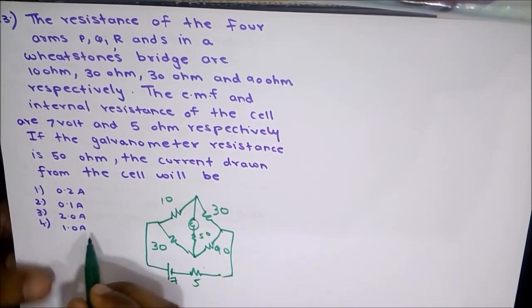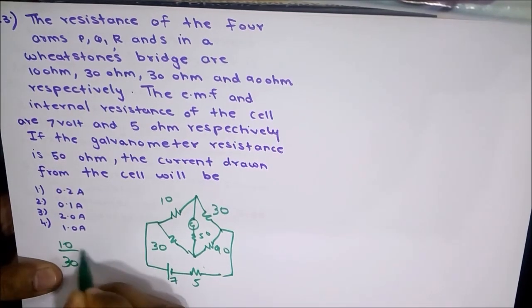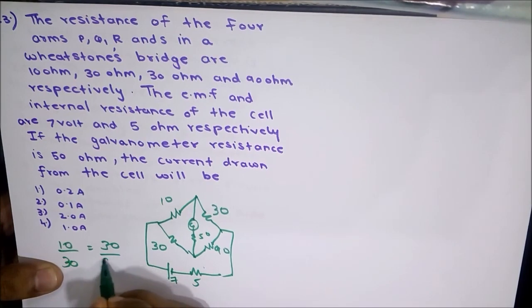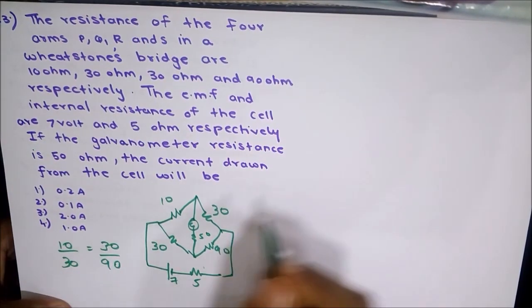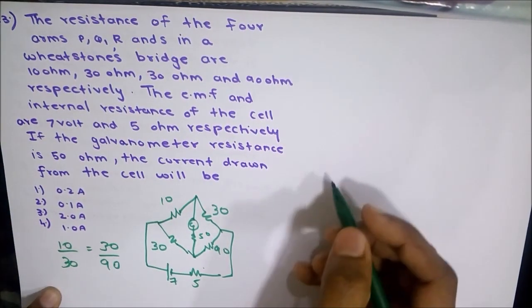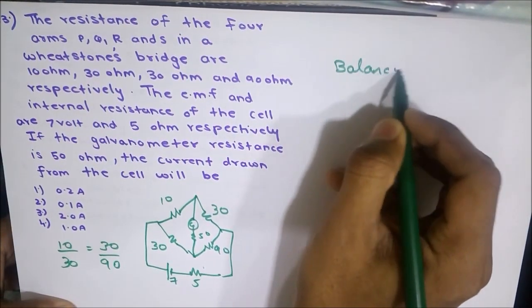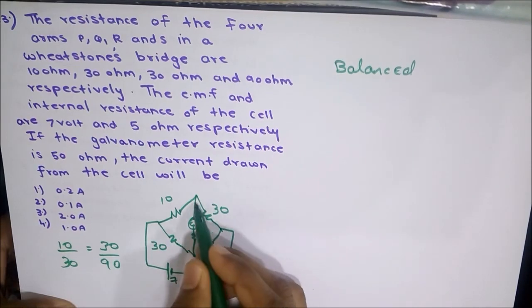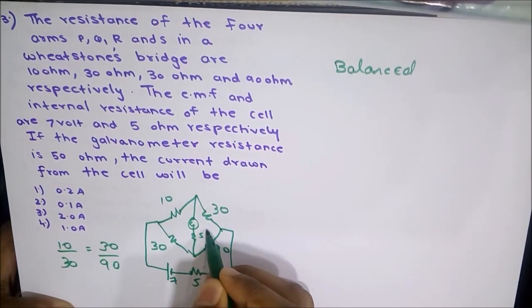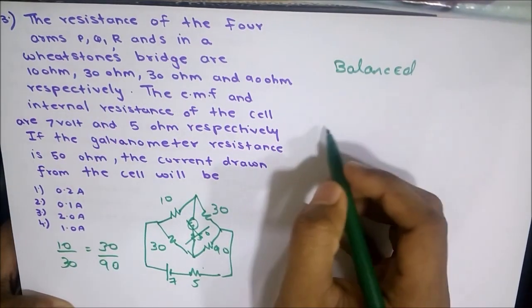Now in this circuit, 10 upon 30 is equal to 30 upon 90, and this is the balancing condition. Since the condition is satisfied, the bridge is balanced, and hence no current flows through the galvanometer arm, and this 50 ohm resistance can be negated.